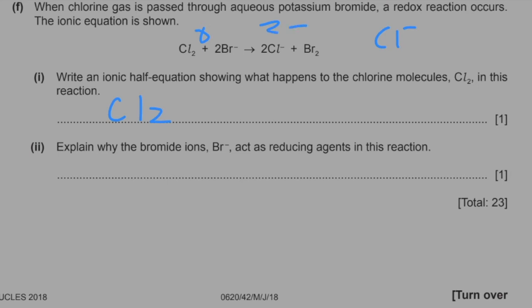So for the oxidation state to go from 0 to 2 negative, you need to add 2 electrons. So what happens over here is you add 2 electrons to form 2 chloride ions.